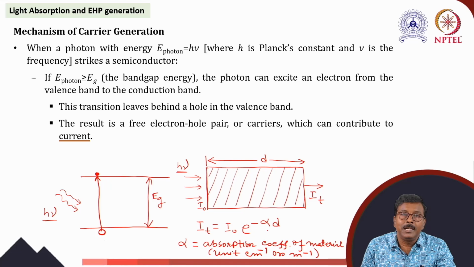So refractive index is basically a complex function, and this refractive index itself is a function of wavelength, and as the refractive index is complex, it has a real part and an imaginary part.